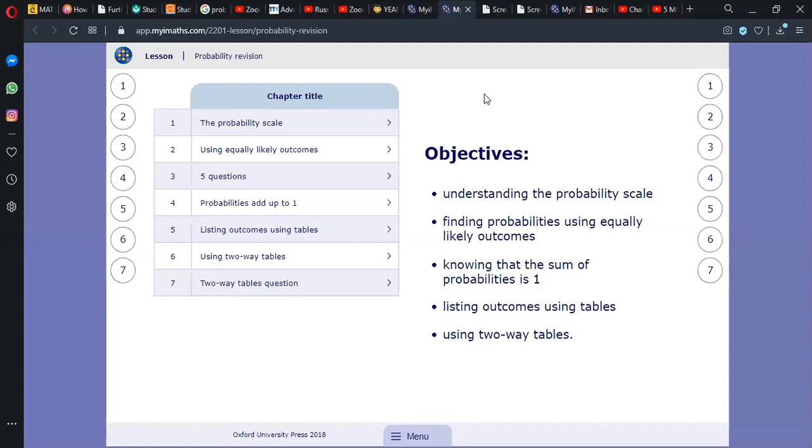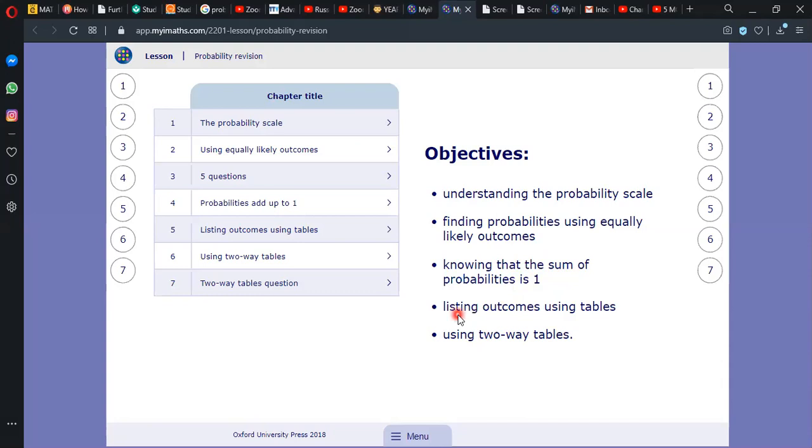That talks about the fact that when you have an event, all the possible outcomes of that event, all their probabilities will always add up to 1. Okay, it has to be exhaustive for you to have that.